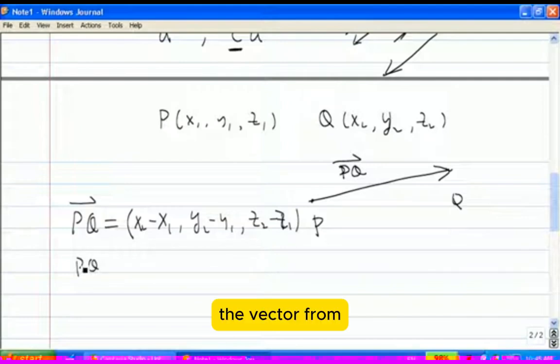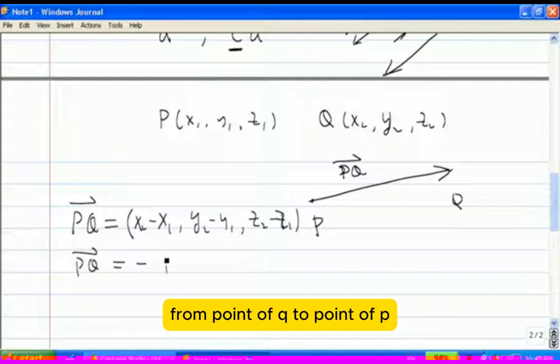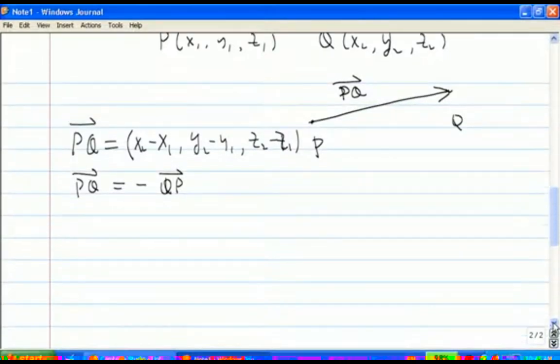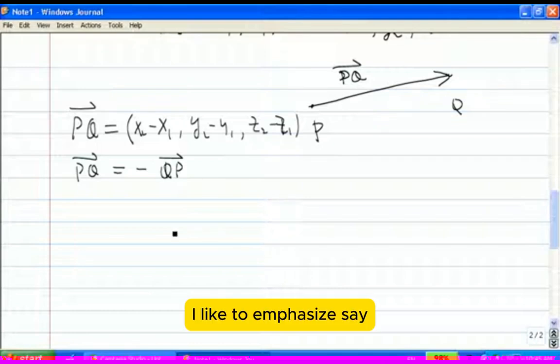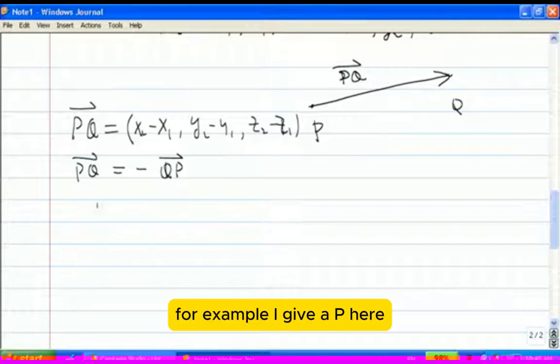The vector from point P to point Q is equal to minus the vector from point Q to point P. I'd like to emphasize this with an example. I give you P here, and I use 2D as an example: 1, 0.